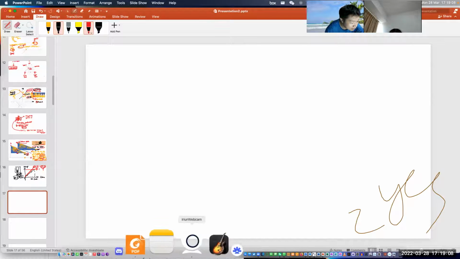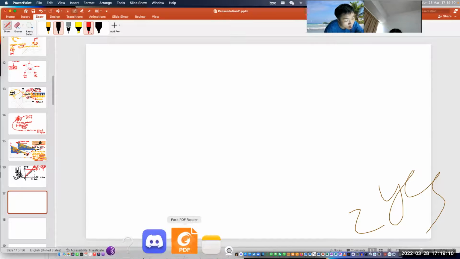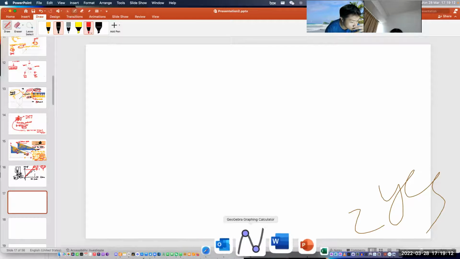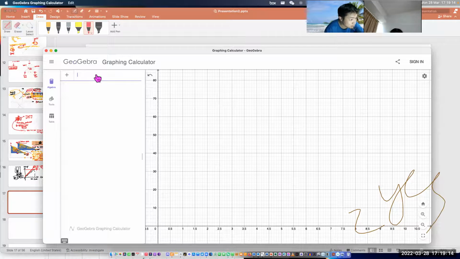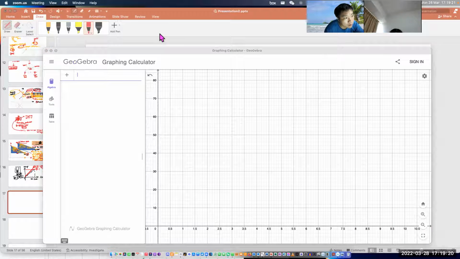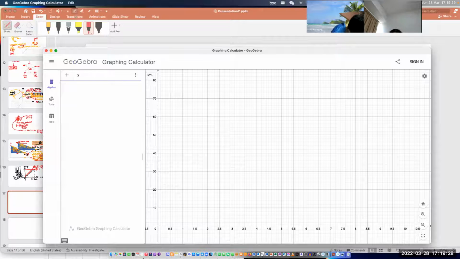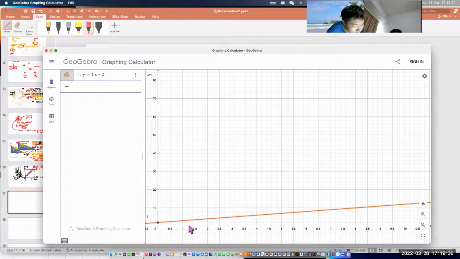So now let's look at the effect for you to understand this. This is the conclusion part, and a lot of students miss out on this. We have talked about how to get the gradient, but now you need to link the gradient to some practical example. So let me start with y = 1x + 2, where the gradient is 1.